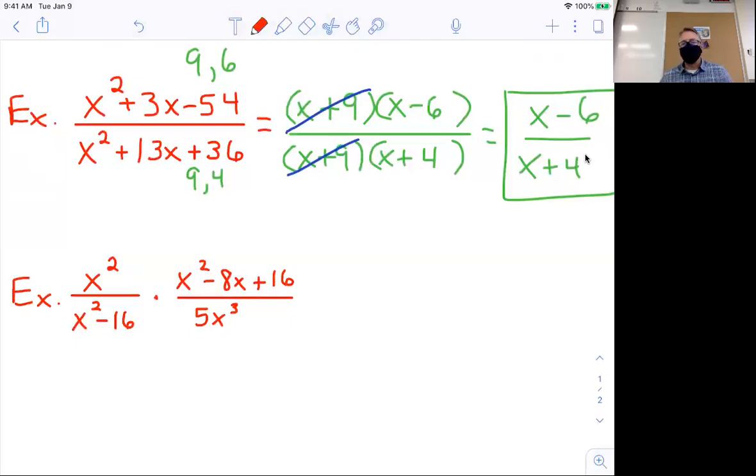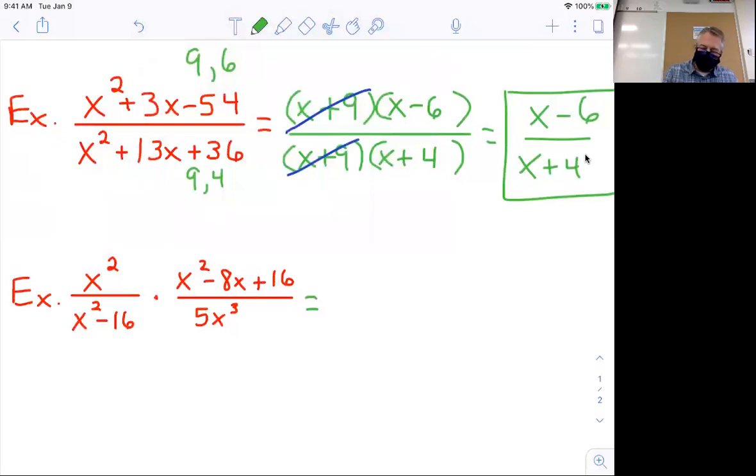So this is just longer. We just have more stuff that we have to factor. So in our next step, I'm going to factor this top right part, and I'm going to factor the bottom left part. This part and this part, they don't factor, but I do have a GCF.